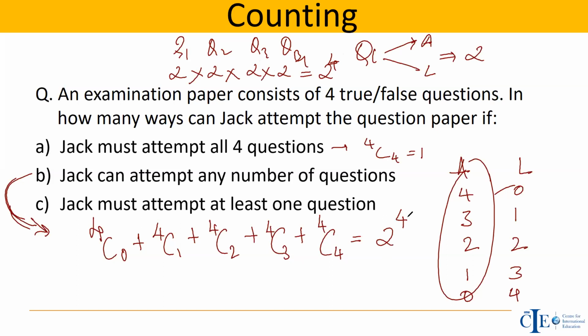Right. So if you individually calculate, this turns out to be, as we saw, 1 plus 4 plus 6 plus 4 plus 1. That adds up exactly to 16. Right. So hence this would be true. So remember this rule, that helps.